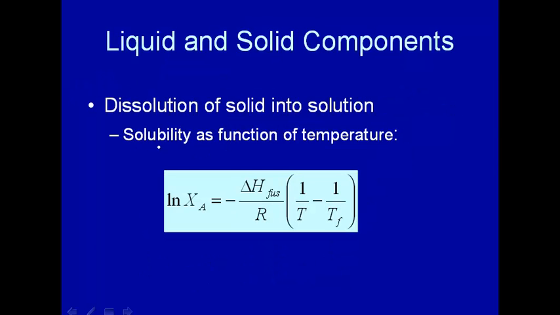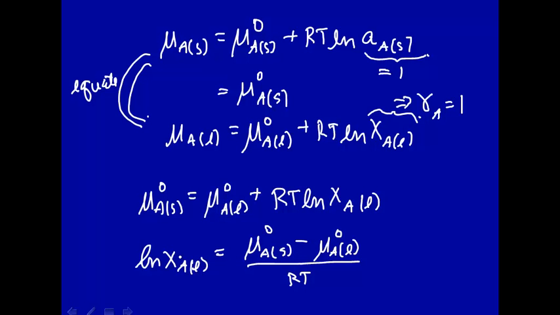Well, what we want to do is look at the solubility as a function of temperature. So can we predict the temperature dependence of solubility? The answer is yes, but it's not a very good prediction, but we'll nonetheless go ahead and do that. So we want to know the temperature dependence, and the mole fraction of A in the liquid is the solubility.